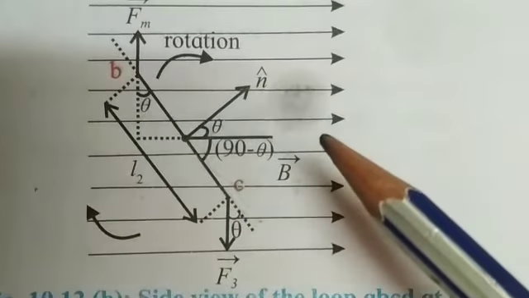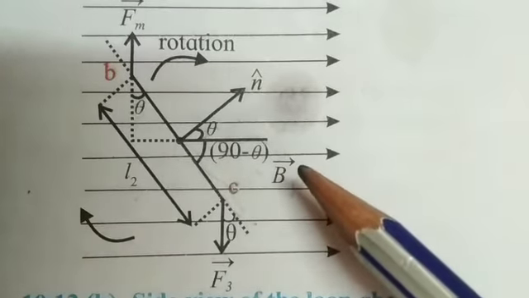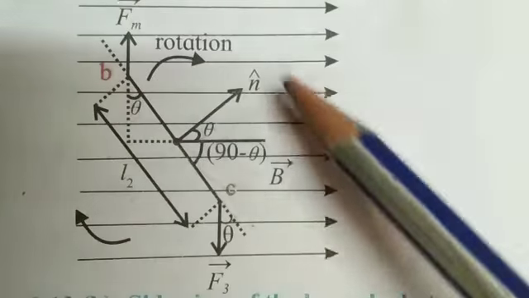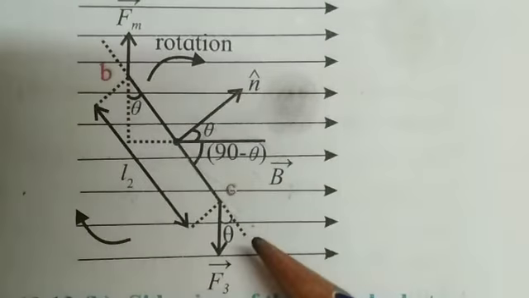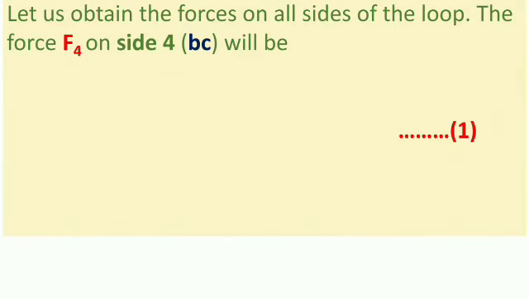Now we can calculate the net force and the net torque on the loop in the situation given in this diagram. So let's move further. Let us obtain the forces on all sides of the loop.